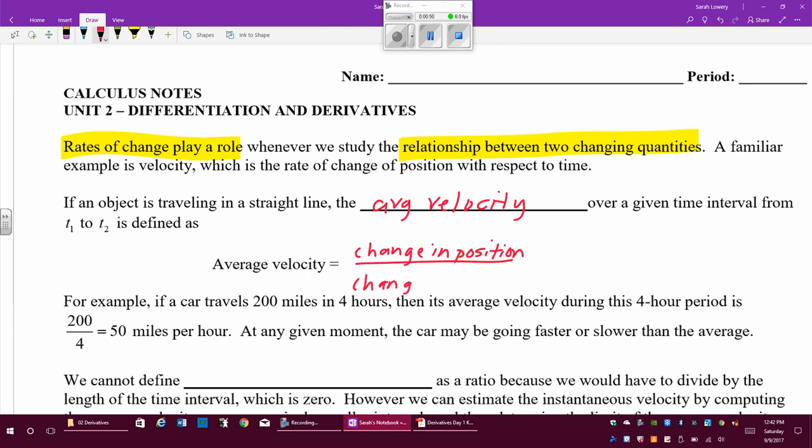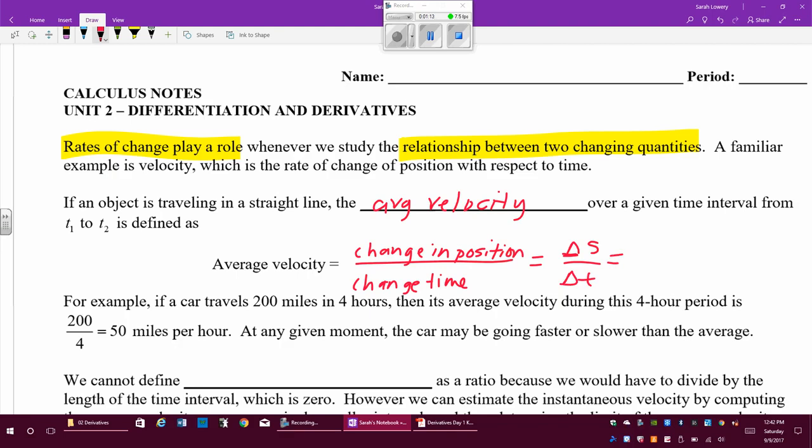And we've already started to explore this last class because we talked about delta D over delta T, and that's exactly what's happening. I'm going to use the letter S, though, for position, okay? That sounds kind of funky, but just go with it. So delta S over delta T, okay?